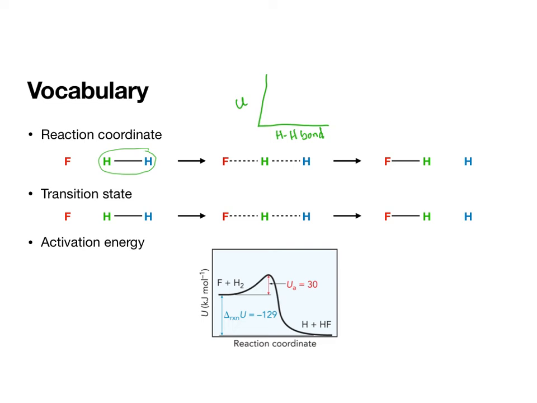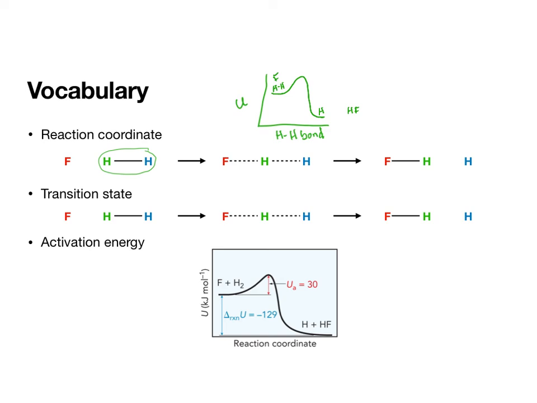where we start at some energy and we go to another energy. And what we would end up seeing is something that looks like this, where this is where we start with a good HH bond, and then down here we no longer have an HH bond because we have products, and the F is just hanging out over here.